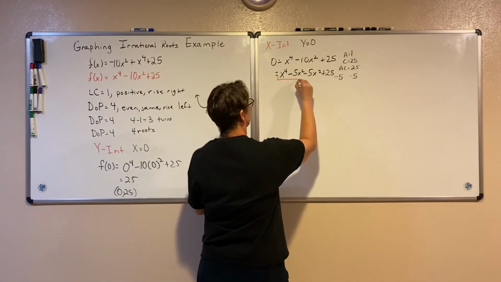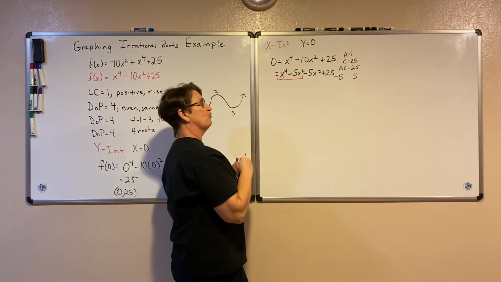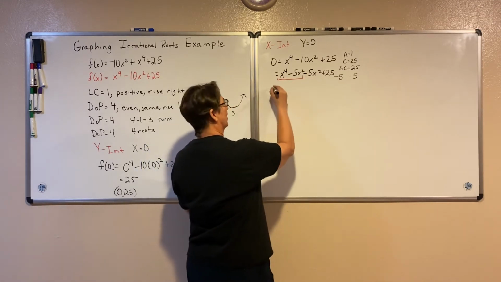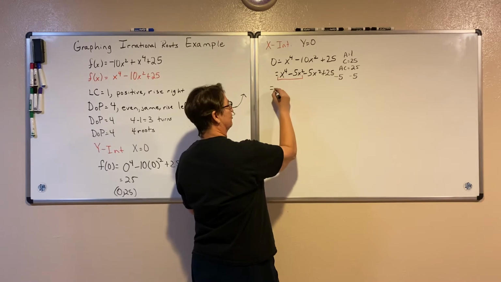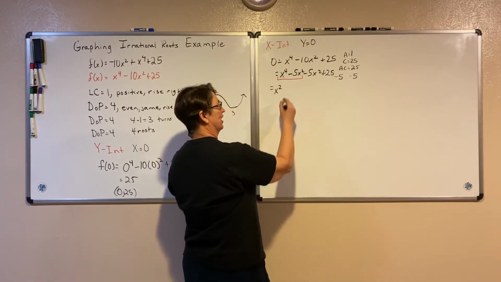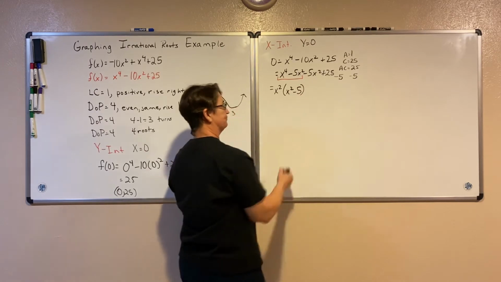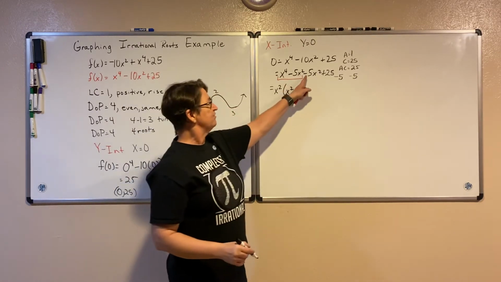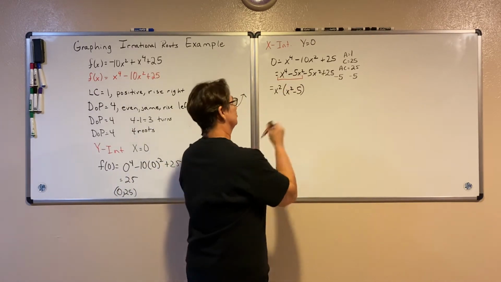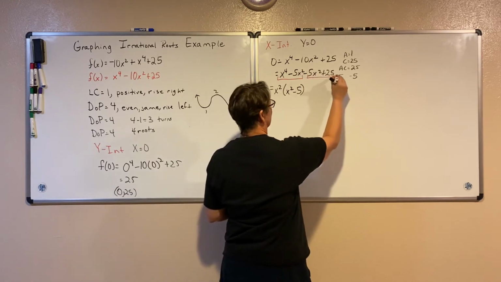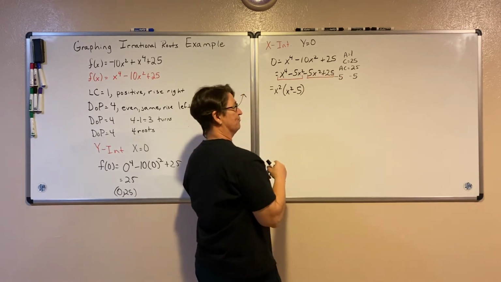I'm going to look at the first grouping, x to the 4th minus 5x squared. I'm going to factor out the greatest common factor of x squared, and it leaves me with x squared minus 5. Now I'm going to look at the back 2, group those 2, and factor out their greatest common factor.